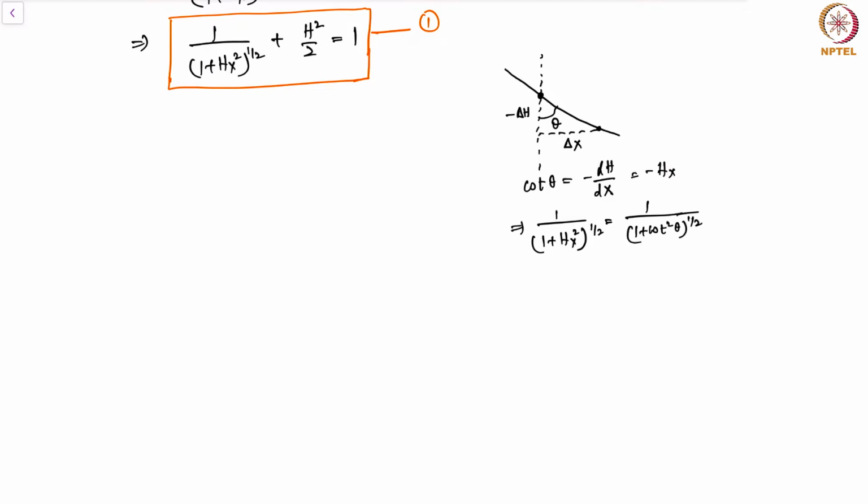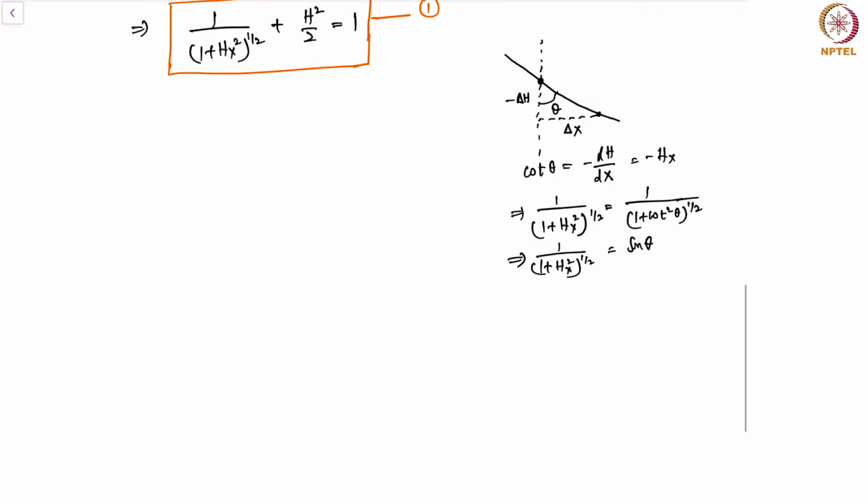In the denominator we have a cosecant square theta, the square root of that, which is 1 by sine theta, 1 by cosecant theta, and this becomes sine theta. So what we have now is 1 by 1 plus hx square whole power half is sine theta, right?